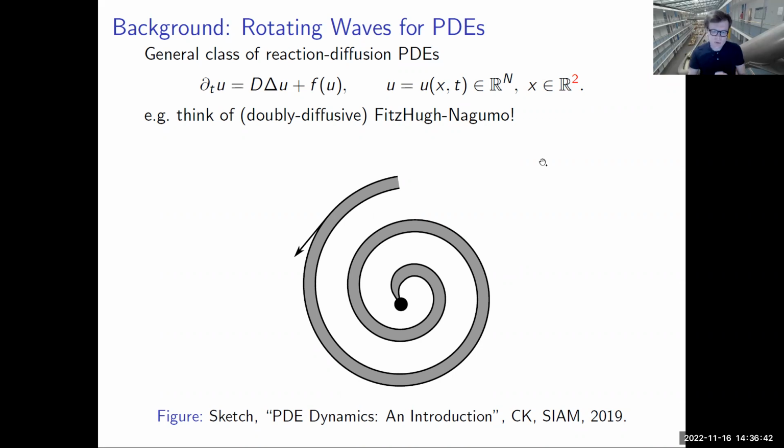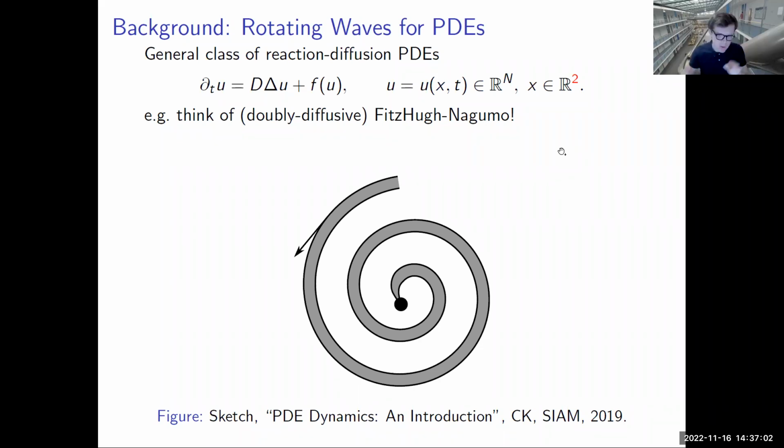So think of the normal FitzHugh-Nagumo equation, maybe with an additional bit of diffusion in the slow variable. Then you know that these models of two-component, two-spatial-dimension reaction-diffusion equations with a bistability can produce rotating or spiral type waves.